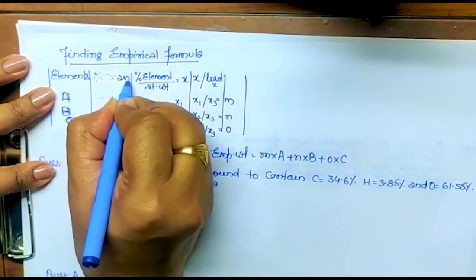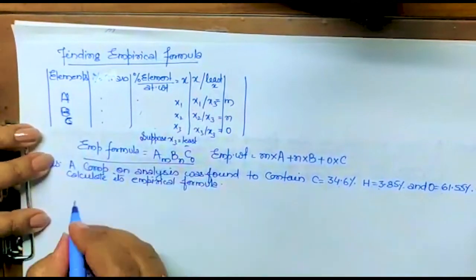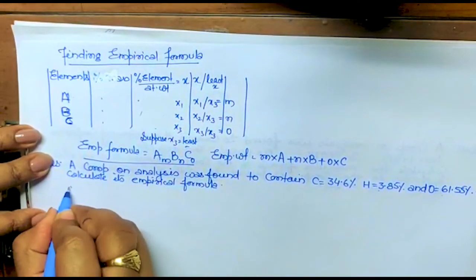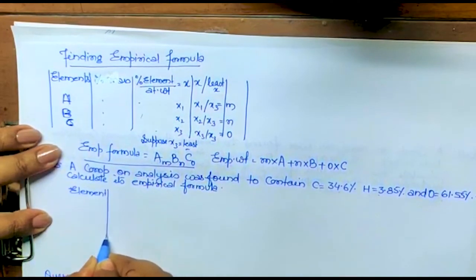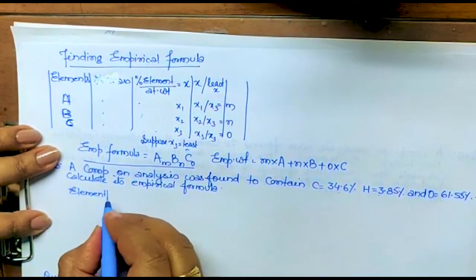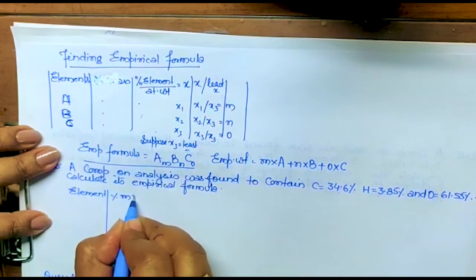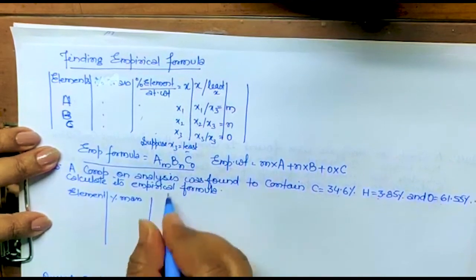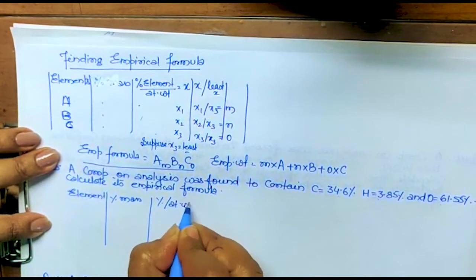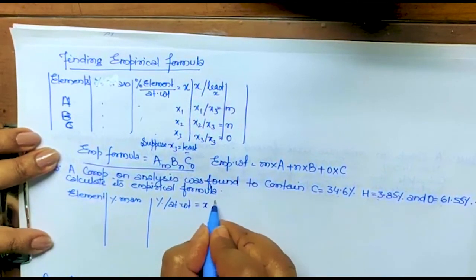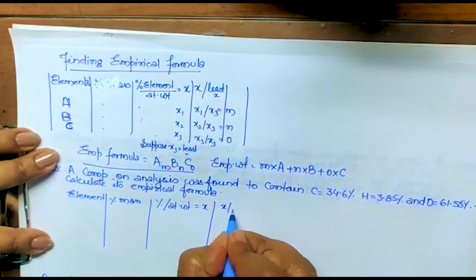So here let me write percentage mass. Now how to write? You have to make the table with elements. As I said, you have to make it in a table form only. Then percentage mass, then percentage upon atomic mass, which will be considered as x, and then x upon least x.